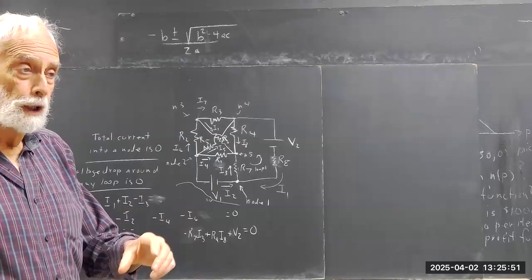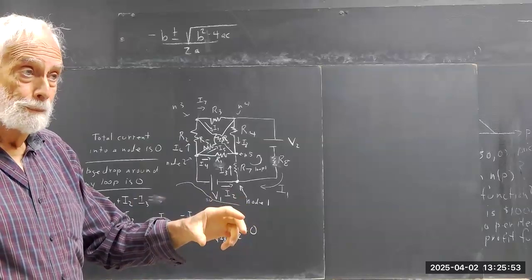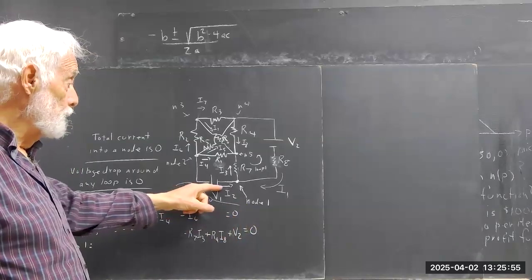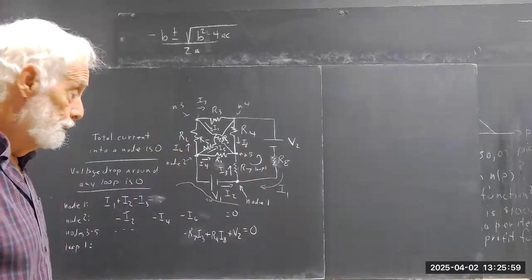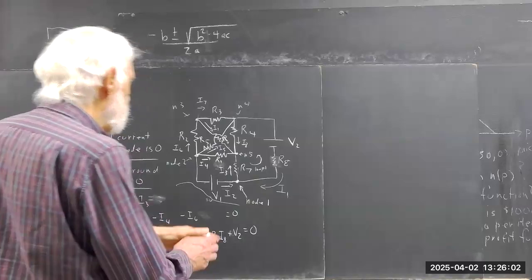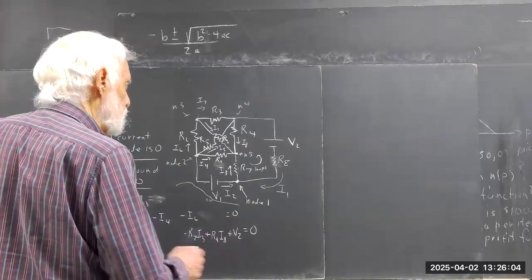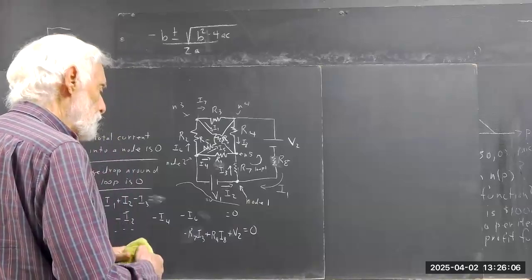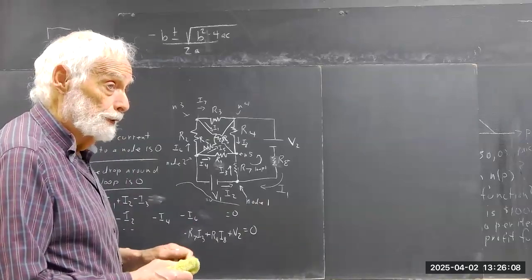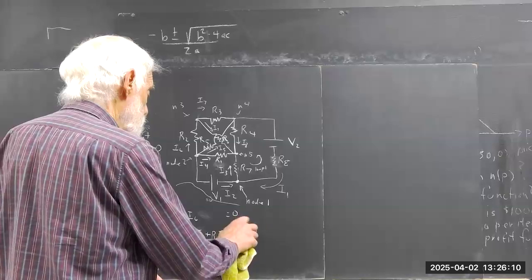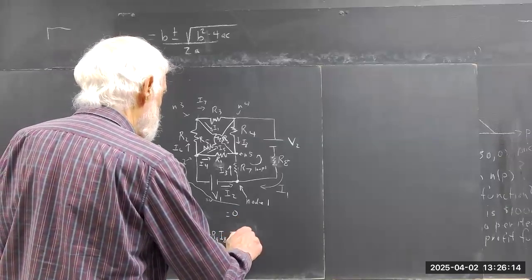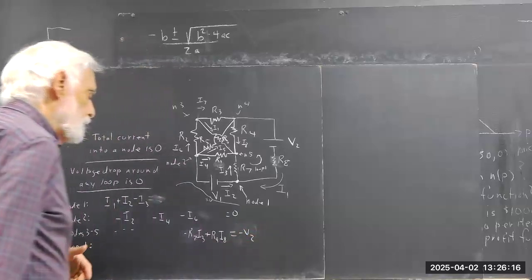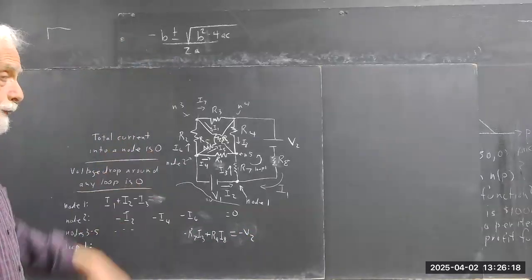Okay, it's not the voltage change, it's the voltage drop. The voltage change here is positive V. The voltage drop is negative V. Okay, now I've got the plus V2 equals 0. It turns out I'm going to want my voltages on the other side of the equation. Okay, well, that's my equation for loop one.